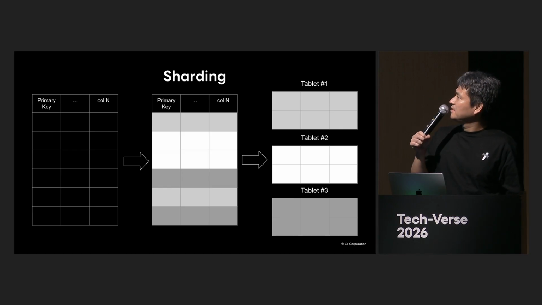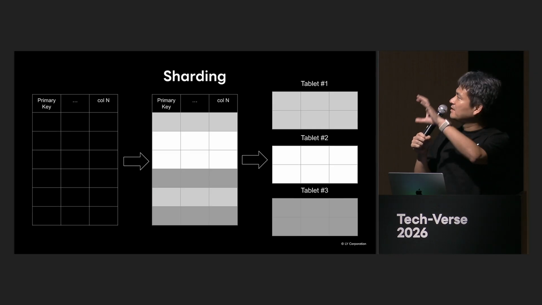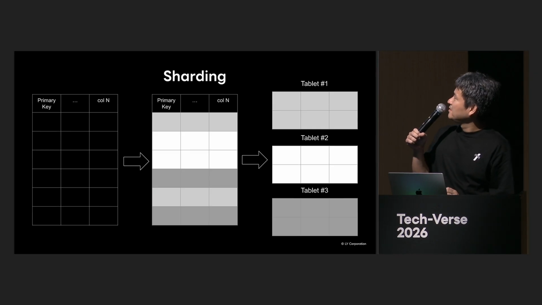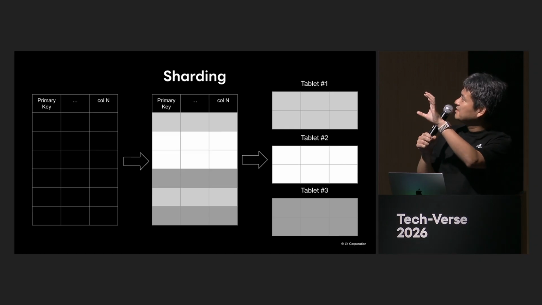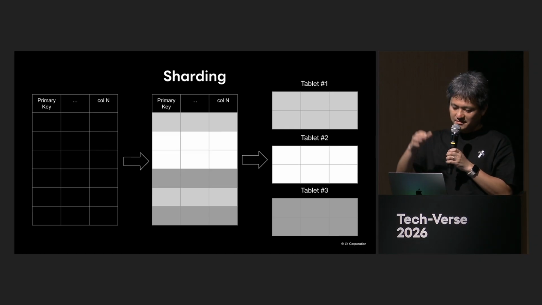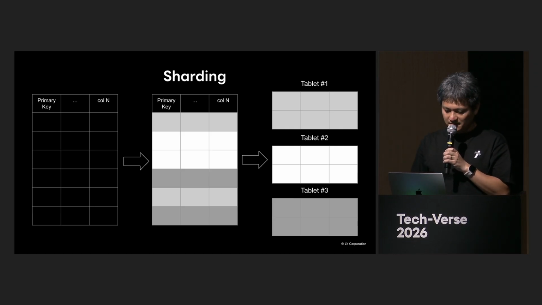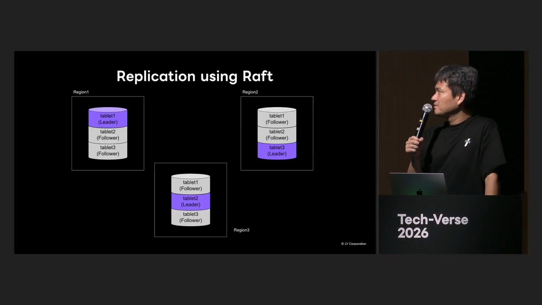Logically, a single table is taken, and the values of specific columns, called primary keys or sharding keys, are used as a standard for splitting it into smaller units. Here, for convenience, we will call them tablets. Then, each of these smaller divided tablets is handled by a separate data processing node. It's a way of distributing the data.